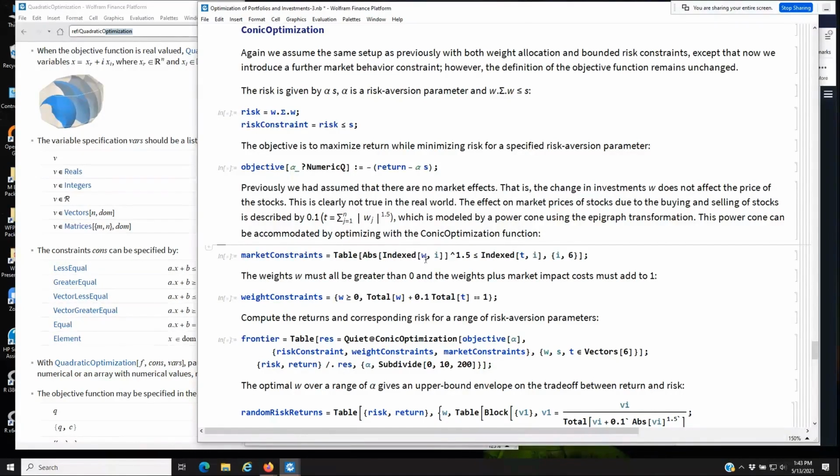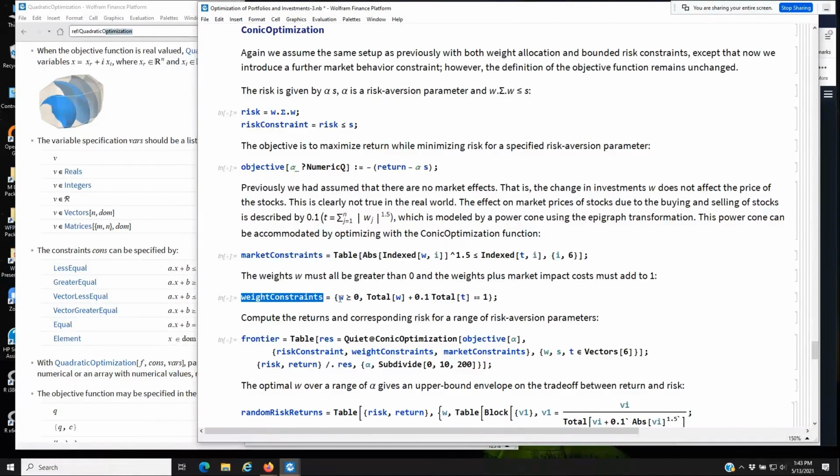So we now need a constraint associated with the market, and it's going to be this function here. So I'm basically saying, let's take W subscript I, its absolute value raised to the power 1.5. That's what we're seeing here. And I'm going to associate it with a vector T. So the ith element here is going to be less than or equal to the ith element of the vector T, and this holds for all 6 stocks. So this is a new market constraint.